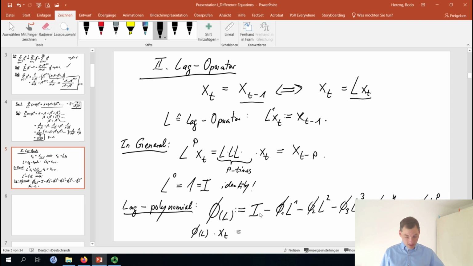Well, this is just an application. You multiply the right-hand side with x_t, and that's just x_t. Then you shift to x_{t-1} here, here x_{t-2}, and so on, until x_{t-p}. Here you can see this is a lag polynomial. It's a polynomial function just for shifting the x by one period backwards.